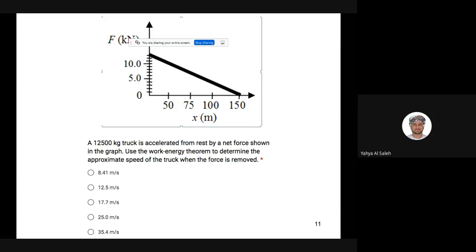Use the work energy theorem to determine the approximate speed of the truck when the force is removed. Knowing that work is equal to force dot distance, what is it that we can do? How can we solve this problem? Take a couple of minutes.